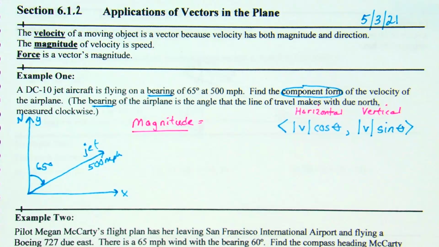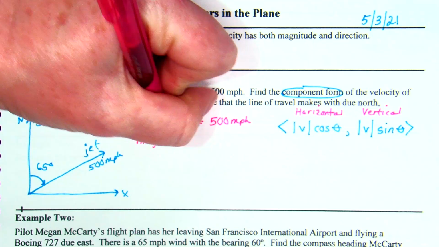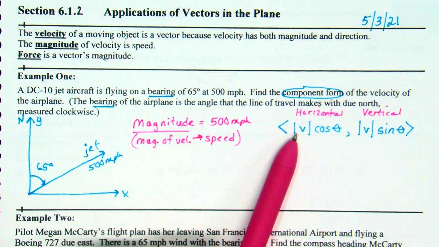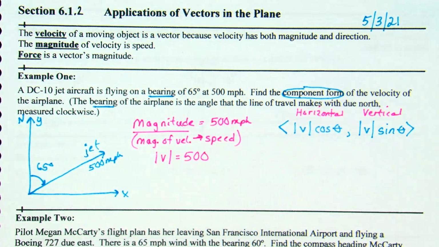We know its speed, yes? The speed is given to us, 500 miles per hour. So guess what? You don't even have to do any math. The magnitude is 500. And that's because the magnitude of velocity is speed. Okay, so that means we know our absolute value of V, that's magnitude. So absolute value of V will be 500 when we get to that part. And then what's the other piece of information we're going to have to know?